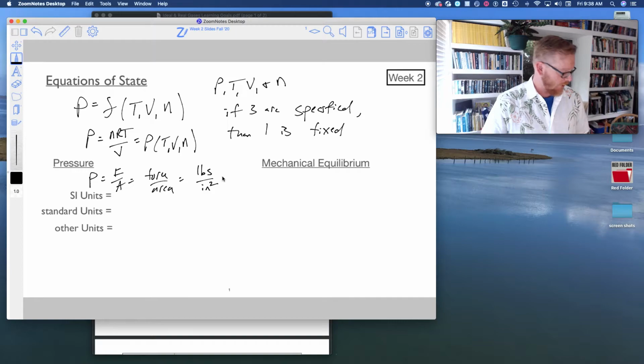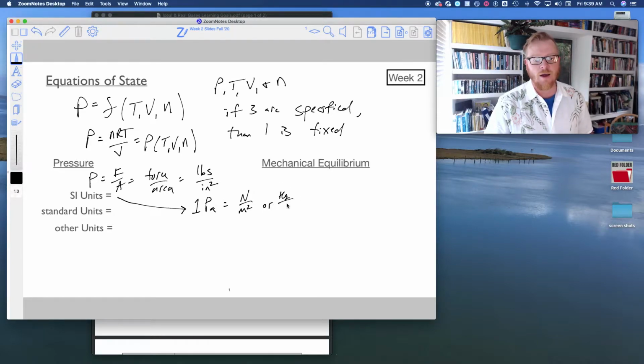That's a force per area. But remember our SI unit here is the Pascal, okay? And 1 Pascal, recall, equals 1 Newton per meter squared, or simply kilogram per meter per second squared when we take the definition of the Newton.